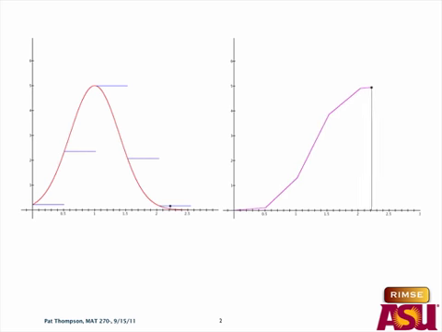Agree with that? Yep, you're getting lots of nods. So yeah, the red graph is the exact rate of change, and then the blue is approximating that rate of change with constant rates over half-second intervals, okay?